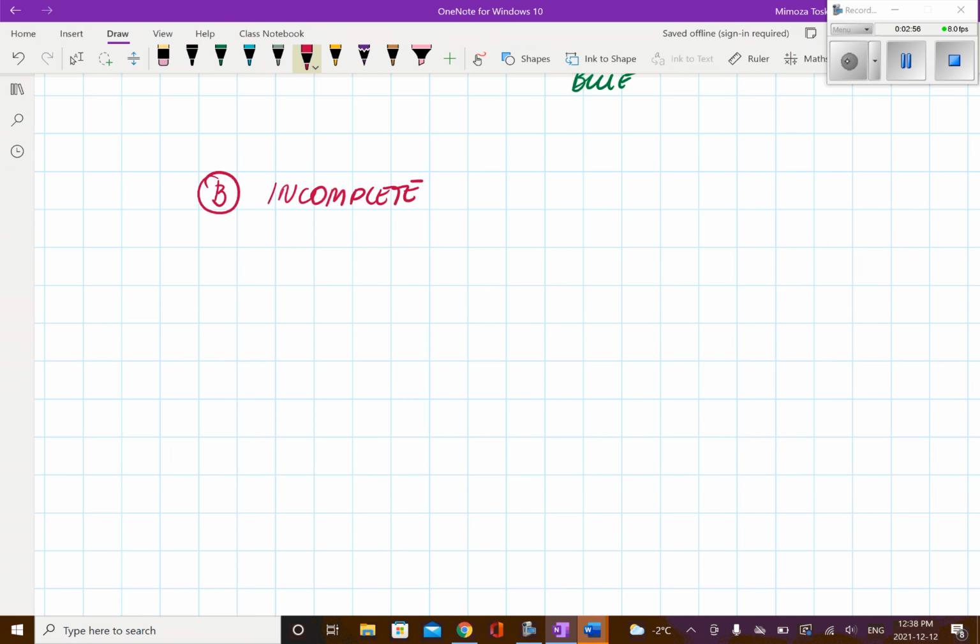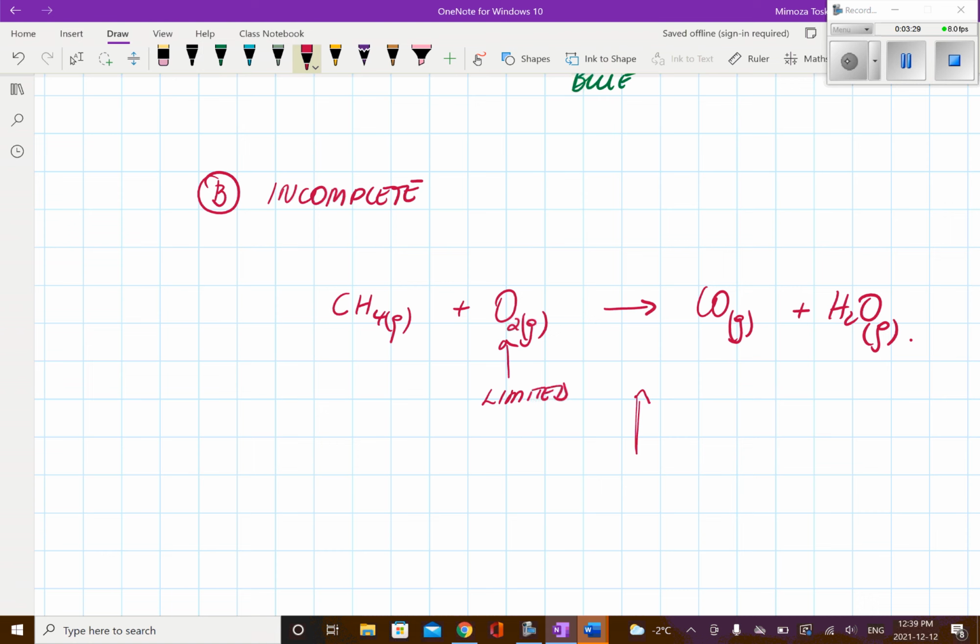So when methane gas reacts with a limited amount of oxygen, then, and this is the general rule every time, carbon monoxide gas is produced along with water. The indication that it is an incomplete combustion reaction is a yellow flame.